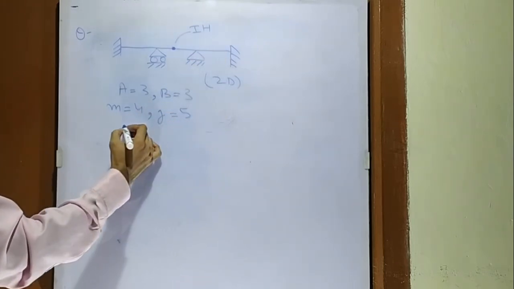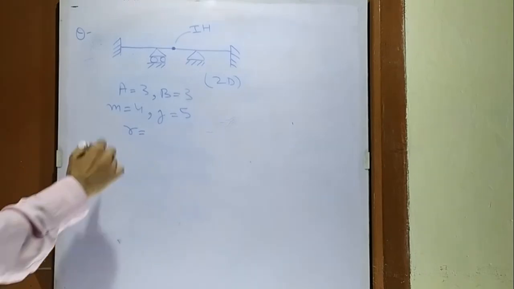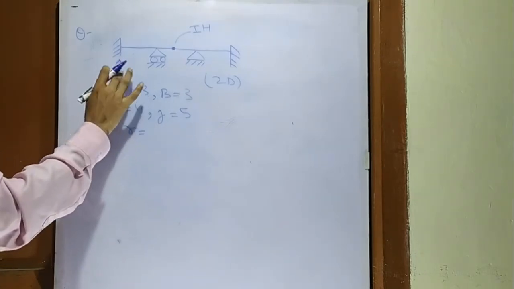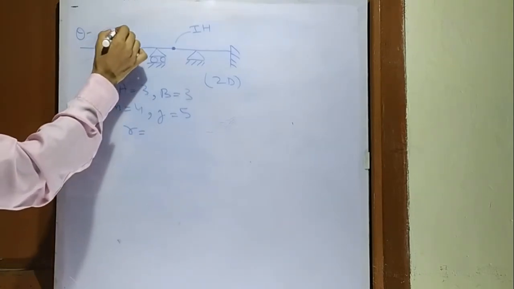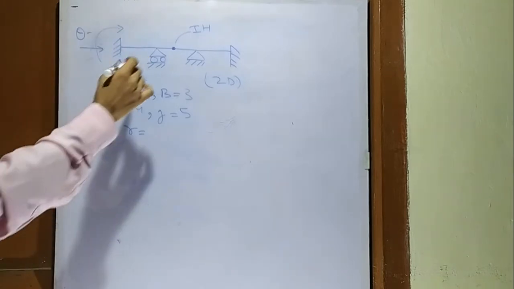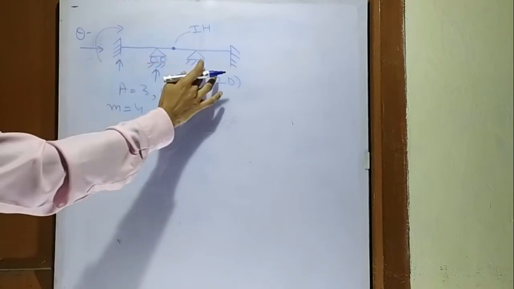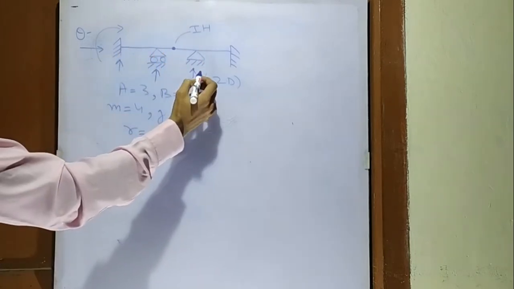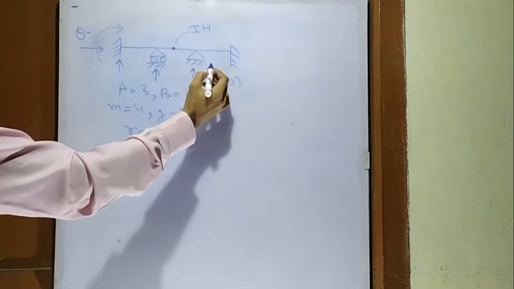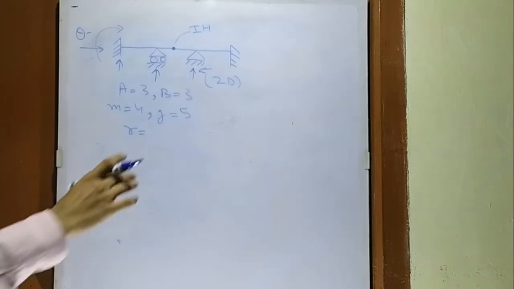Now what is the number of r? Okay, we can calculate very easily. This is a fixed joint, there will be a vertical reaction, a horizontal reaction, and a moment. At this roller support there will only be 1 vertical reaction, but at this pinned support there will be a vertical reaction and a horizontal reaction, so 2 reactions.